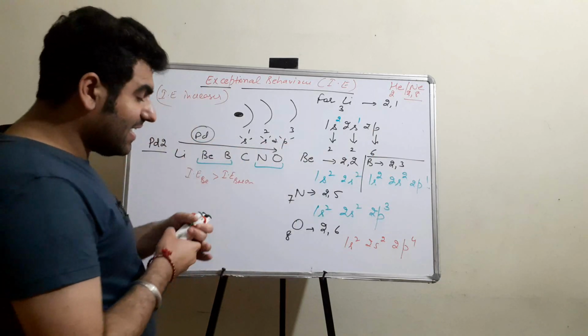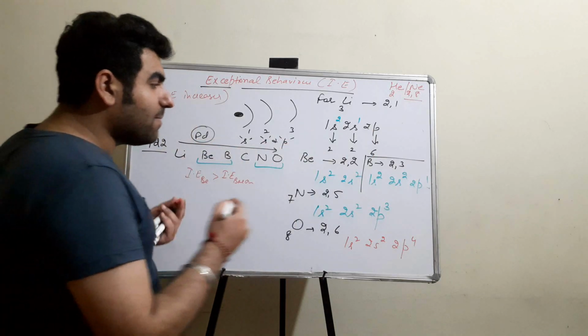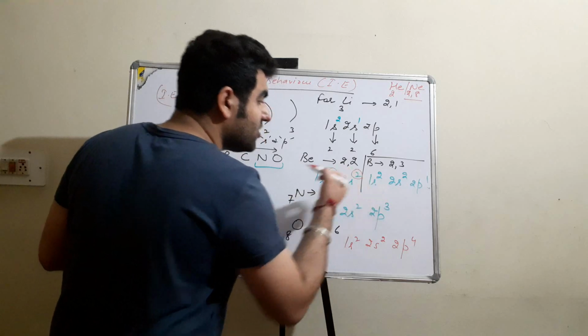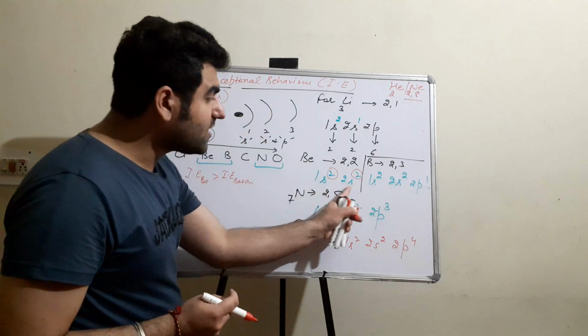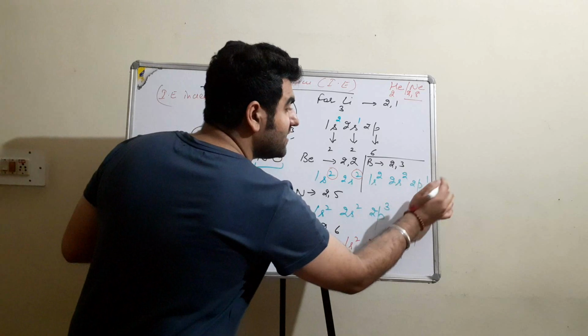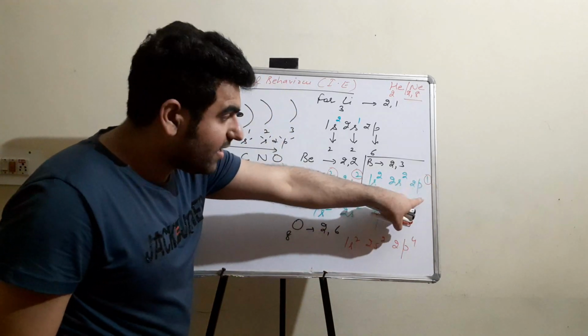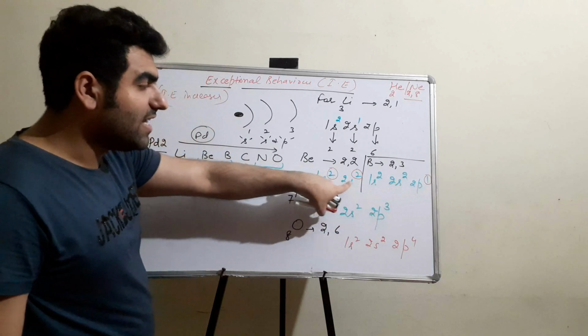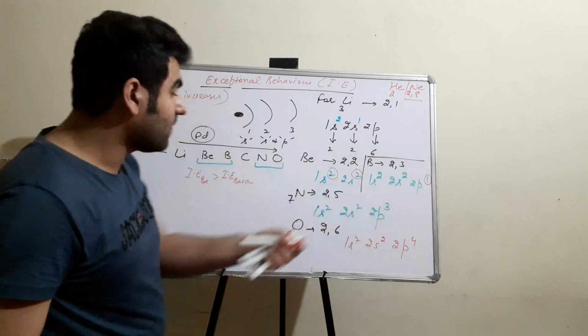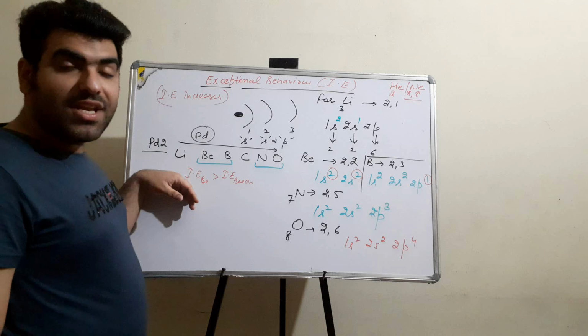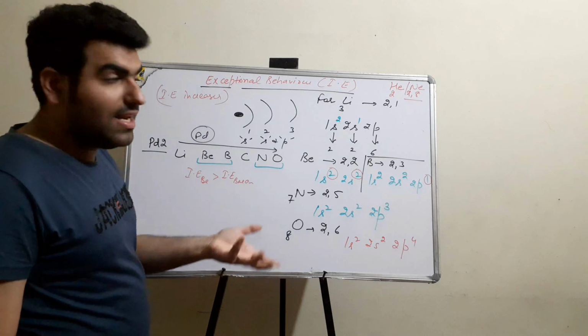You can clearly see that beryllium has both subshells fully filled, whereas boron is not fully filled. There are spaces, it can accept more electrons, but these subshells are fully filled and this is not. So ionization energy is the tendency to lose an electron.